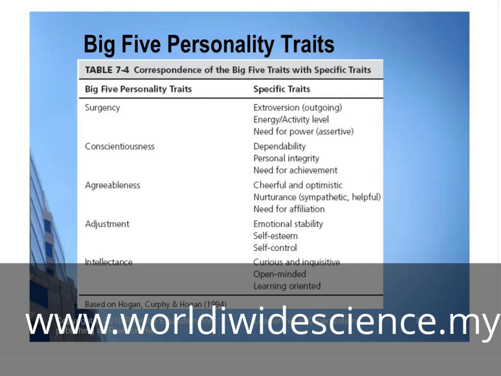Adjustment, when you have emotional stability and you have self-esteem and self-control, locus of control, control for self. And then intellectence is when you're curious, you're open-minded and learning-oriented. So these are just general categories, putting all those specific traits in them.